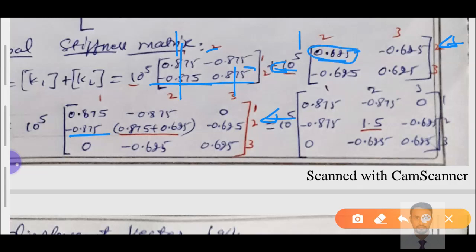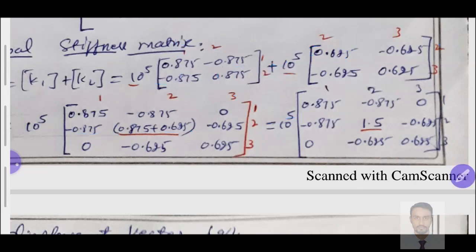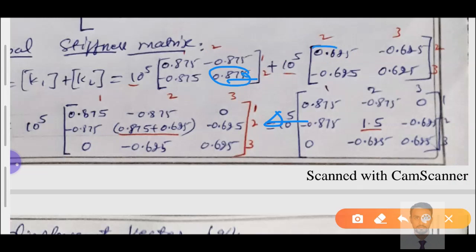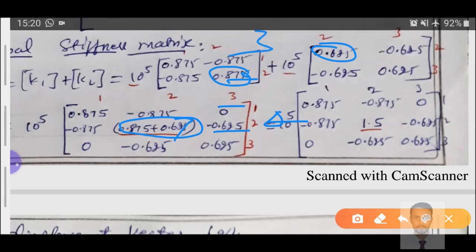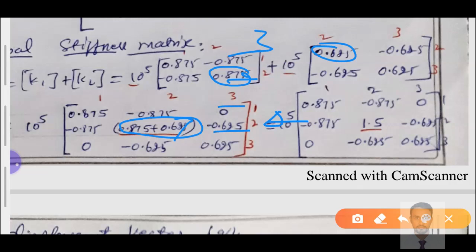Add these two values, 0.875 plus 0.625, and we get the second row, second column value. Then the second row, third column value: in the first matrix we don't have a third column, but in the second matrix we have the second row, third column value, minus 0.625.